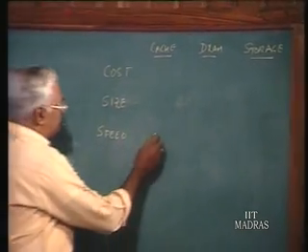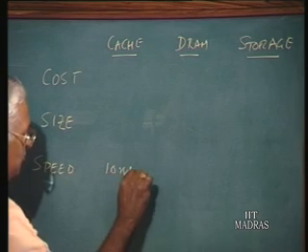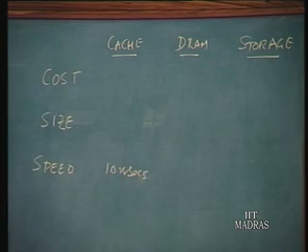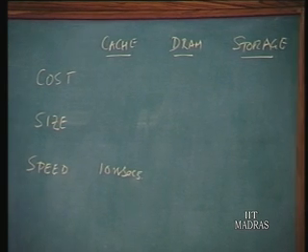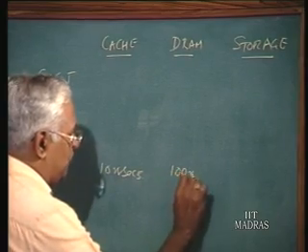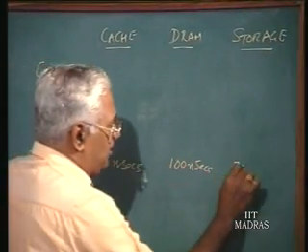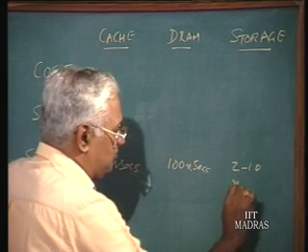The speed of this, let us say, is around 10 nanoseconds. That is, in 10 nanoseconds, the data, one unit of data that the CPU wants can be made available, whereas this particular one may be about 100 nanoseconds, and that usually is in milliseconds, say some 2 to 10 milliseconds.